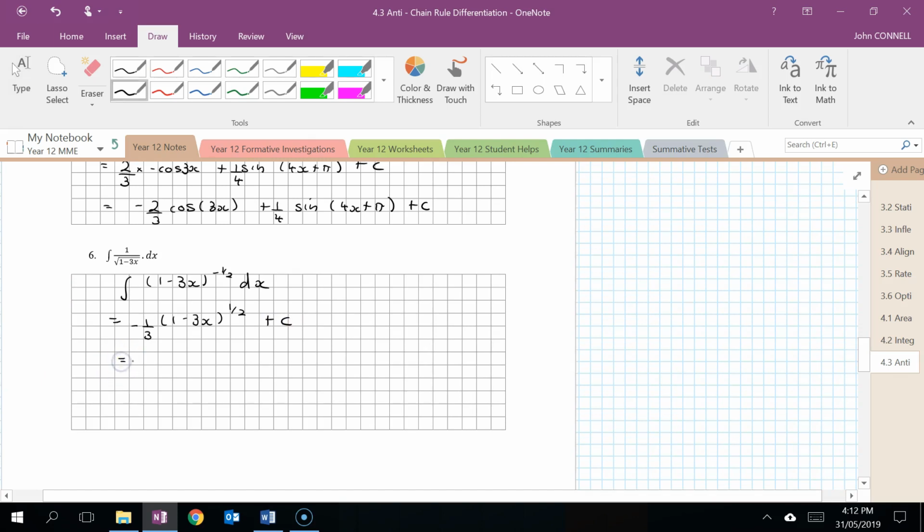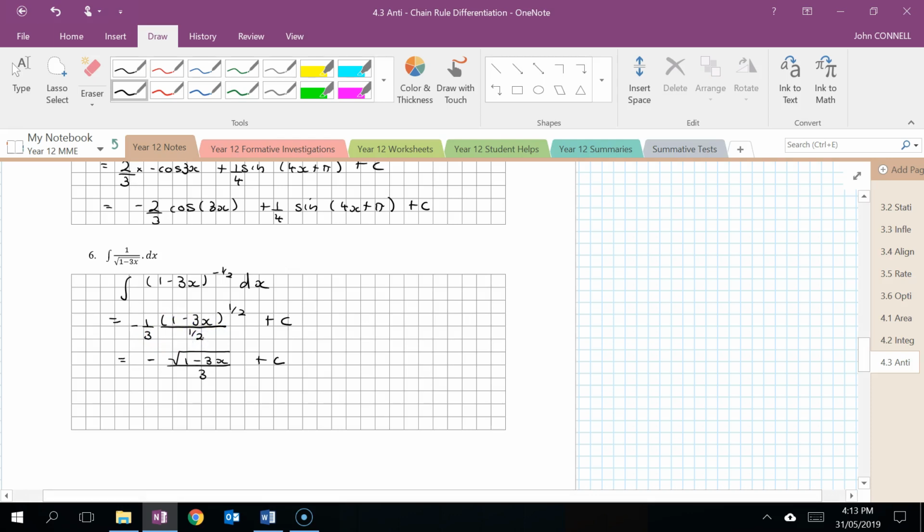So negative 1/3, 1 take 3x to the power of a half plus c. So if I just simplify that down a bit, that's negative 1 take 3x, or root 1 take 3x over 3 plus c. And so then I'm done. That's that one done. So we added 1 to the power. Hang on. I needed to divide by the new power.